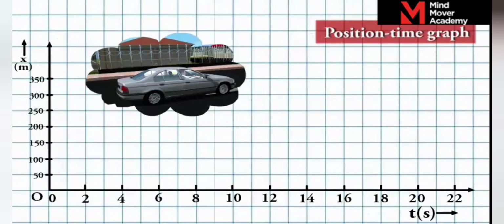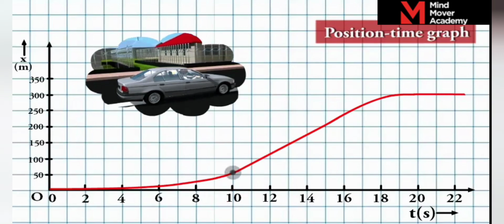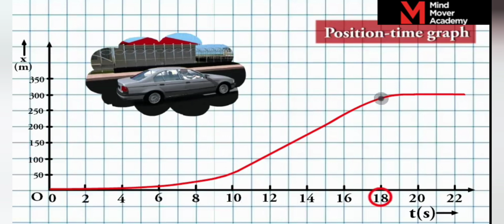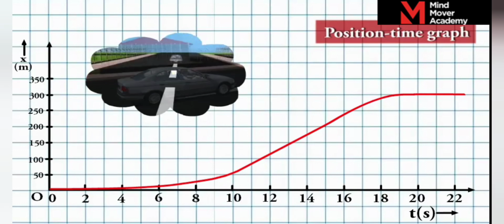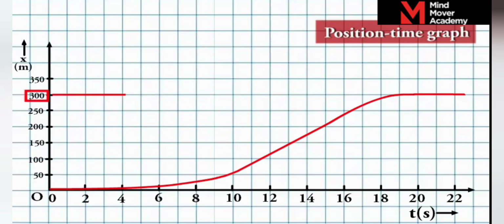The motion of a car that starts from rest at time t equal to 0 s from the origin O, and picks up speed till t equal to 10 s, and thereafter moves with uniform speed till t equal to 18 s. Then the brakes are applied and the car stops at t equal to 20 s and x equal to 300 meters.